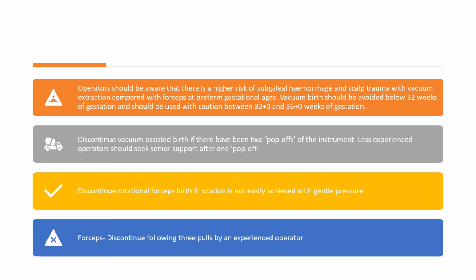Discontinue vacuum assisted birth if there has been two pop-offs of the instrument. A less experienced operator should seek help after the first pop-off. Discontinue rotational forceps birth if rotation is not easily achieved with gentle pressure. In forceps, discontinue following 3 pulls by an experienced operator.